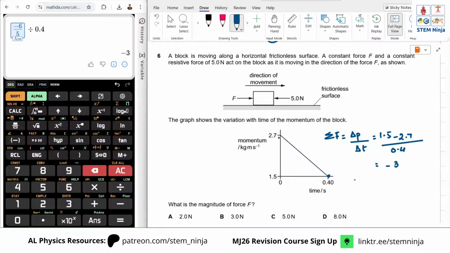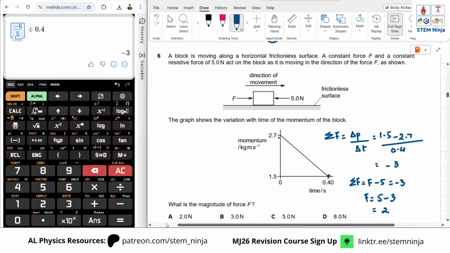So sum of force is equal to F minus 5, and that is equal to 3. So F would be, 5 goes on this side, so this would be 2 newtons. So 2 newtons.